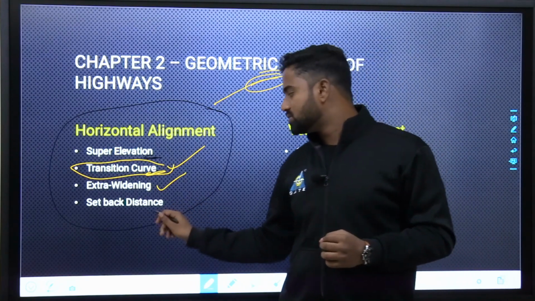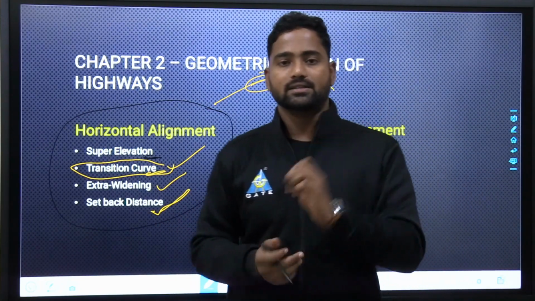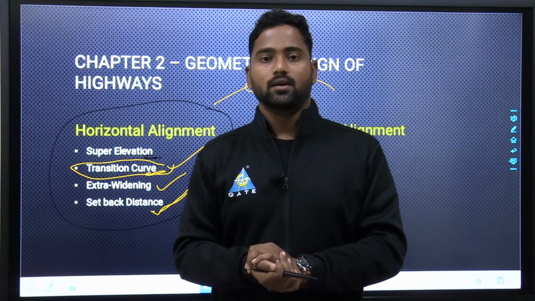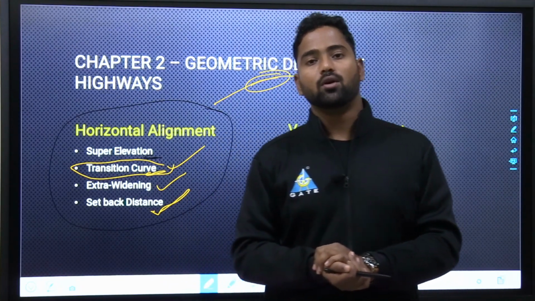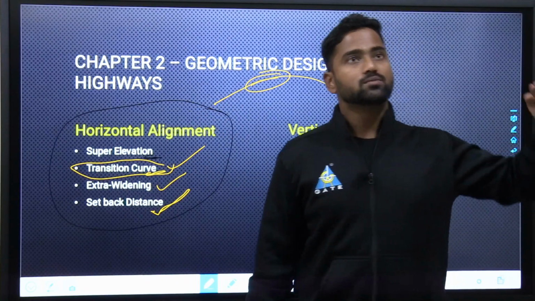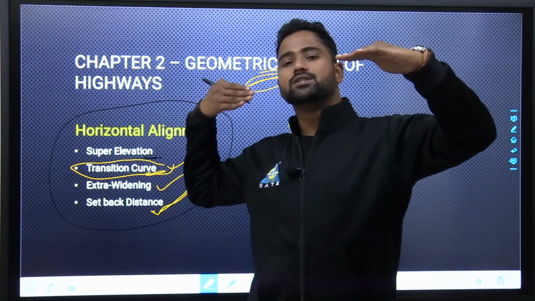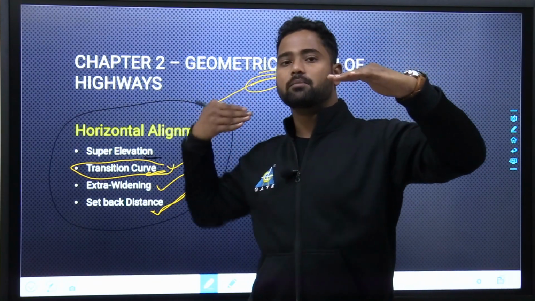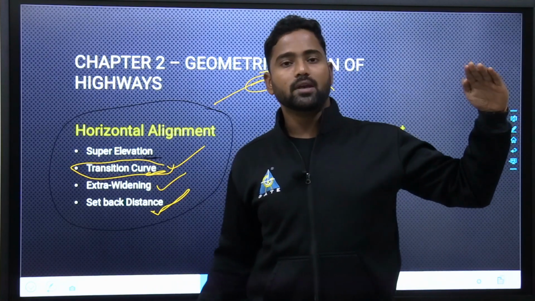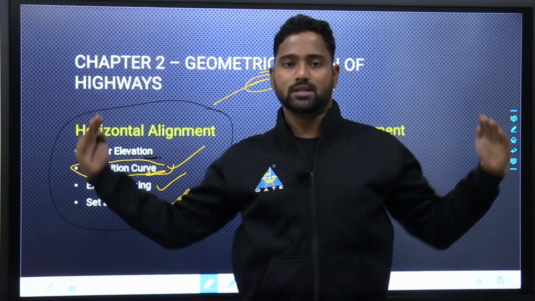Next, setback distance, which is also called clearance for the vehicle, so that there is clearance for the vehicle from any obstructions. Whenever a vehicle is moving on a flyover, the flyover should be constructed at a certain distance from the nearby building, so that the vehicle coming from one side can see the vehicle coming from the other and there will not be any accidents.